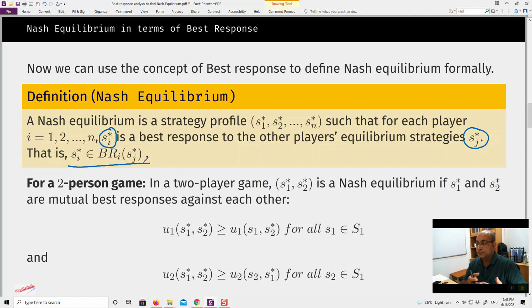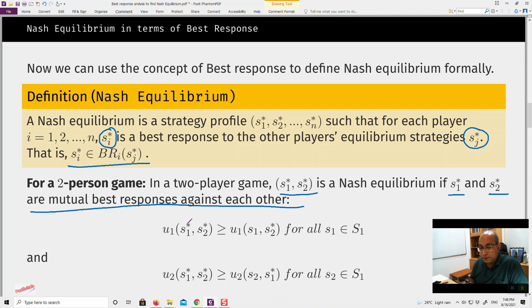When each player's strategy is a best response to the other player's best response, then we get a Nash equilibrium. So for the simplest game, a two-person game, we say that S1 star, S2 star is a Nash equilibrium if S1 star and S2 star are mutual best responses against each other. You can see that we have used the property that the payoff resulting from the best response is greater than or equal to that from any other action.